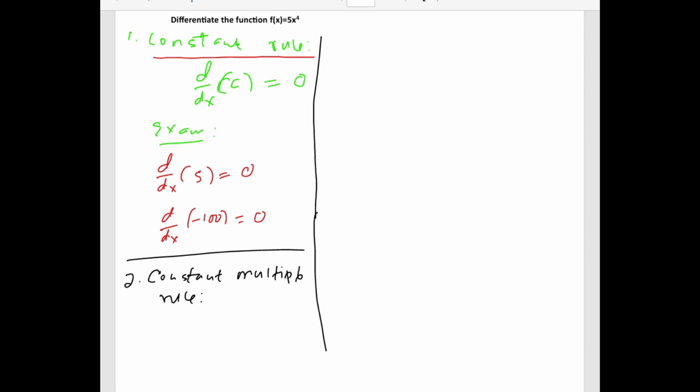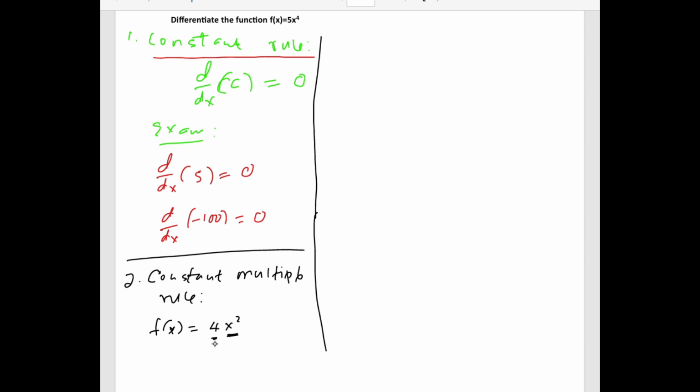So what we mean by this is that you may find a constant that is being multiplied by a function. Let's say you have a function f of x given as 4x to the power 2. For this case, we have a certain constant 4, which is multiplying a certain function x squared.